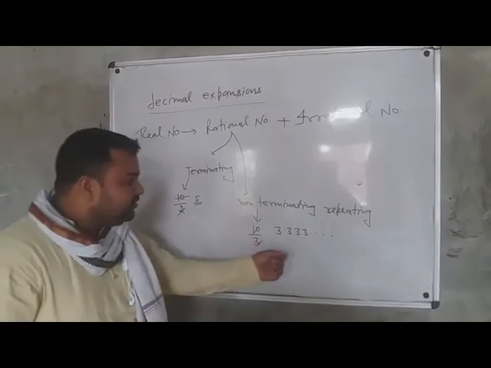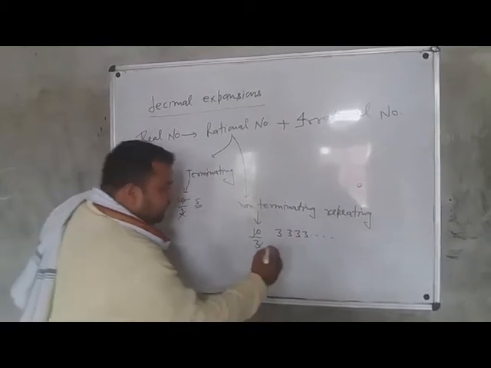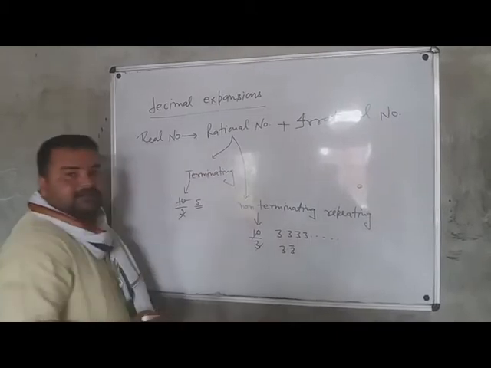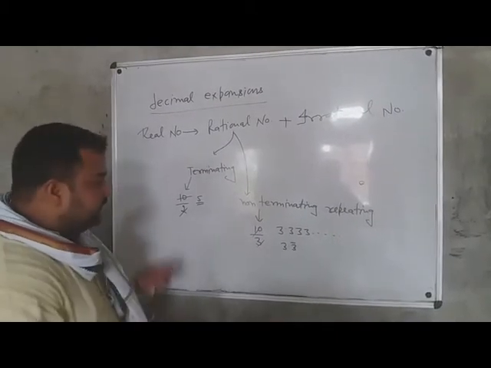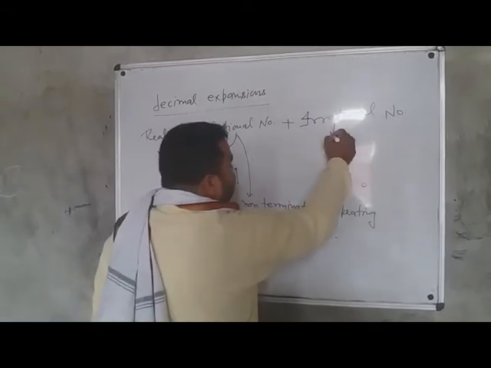So it is called non-terminating, repeating, and we write it as 3.3 with a bar, the repeating sign.